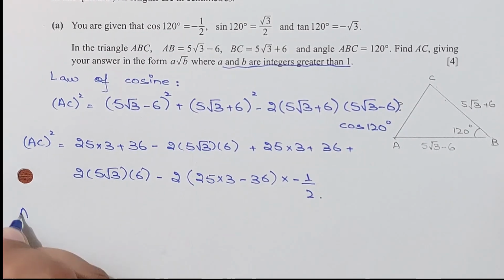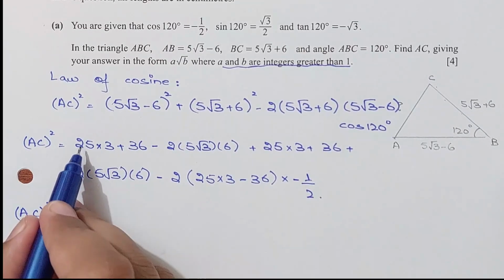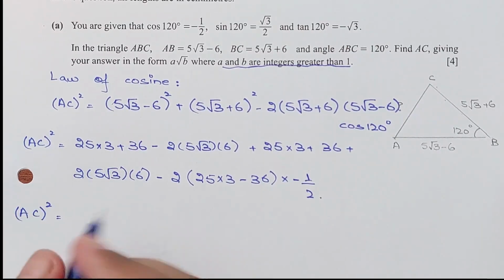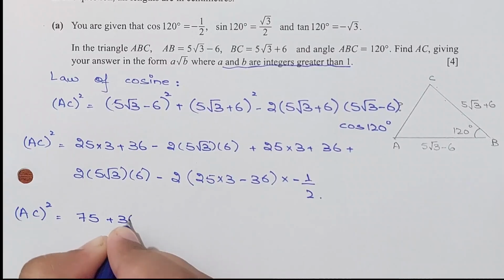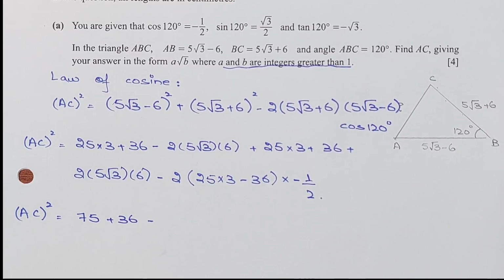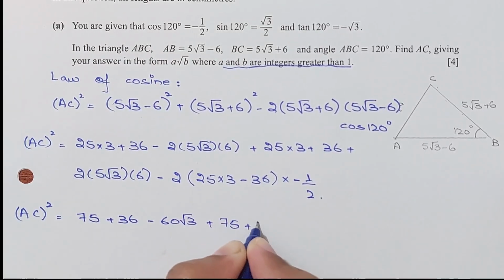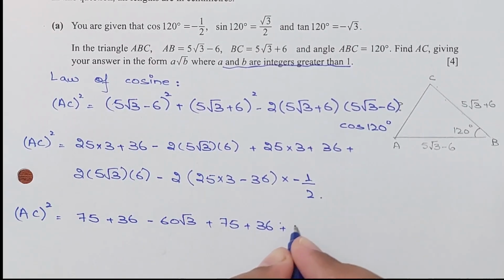Further simplification, AC square: 25 times 3 is 75. So 75 plus 36 minus 2 times 5 is 10, and 10 times 6 would be 60 square root of 3, plus 75 plus 36 plus the same thing, 60 square root of 3.